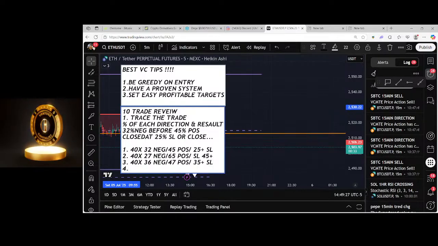Let's do trade number 4. 40x leverage. I go 26% negative.